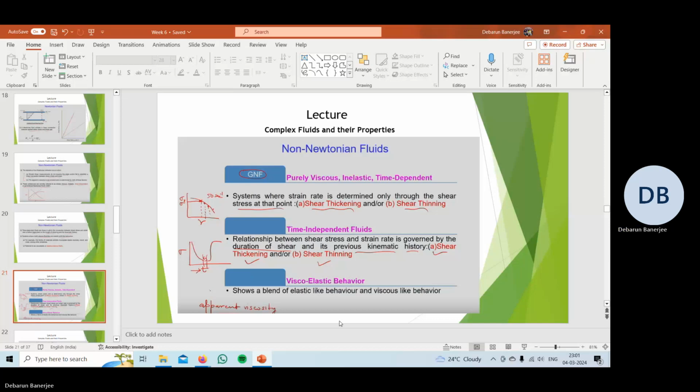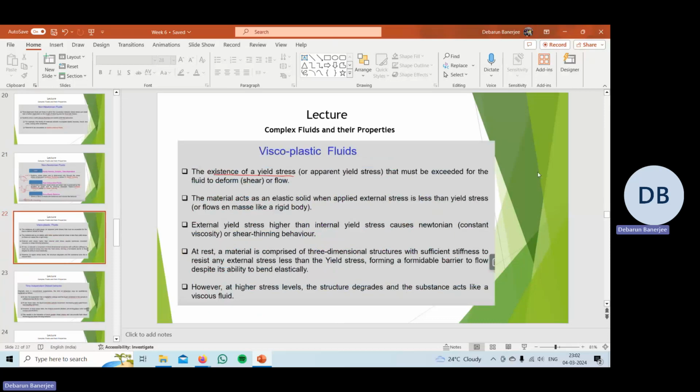It can be shear thickening or shear thinning, and then there is viscoelastic behavior. They show a blend of elastic-like and viscous-like behavior. Viscoplastic fluids have a yield stress or apparent yield stress that must be exceeded for the fluid to deform or flow.